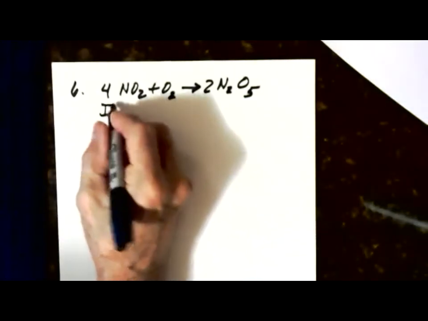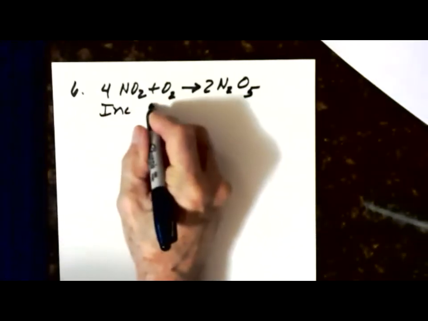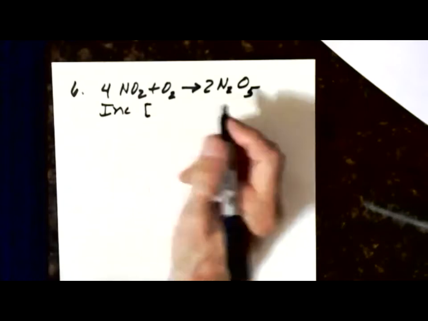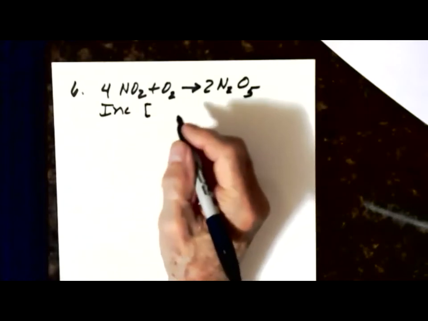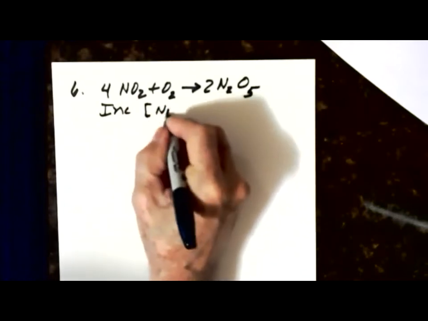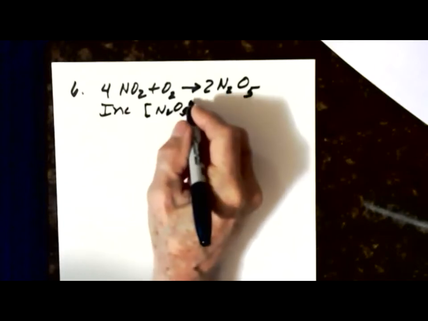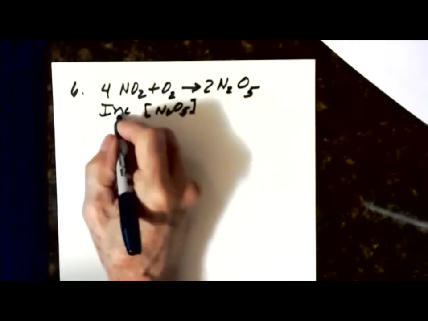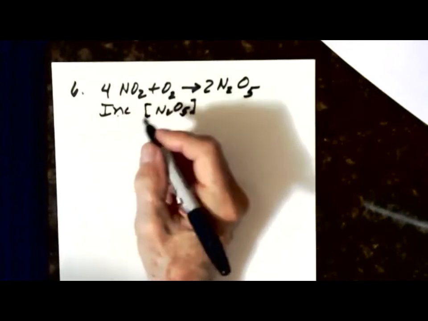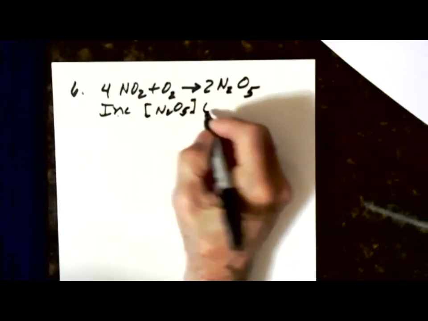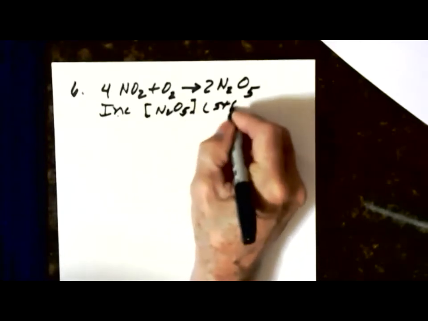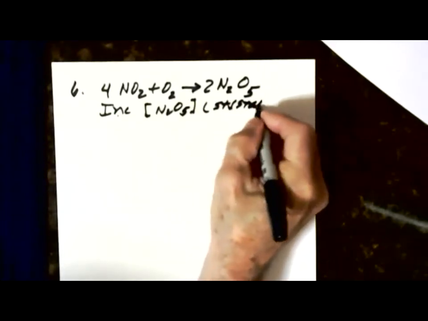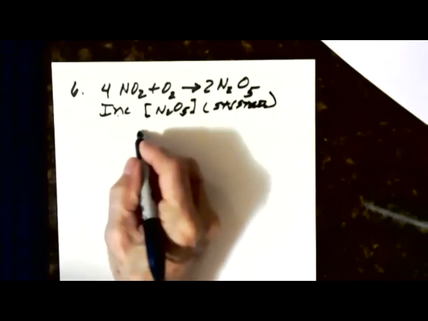And I want to increase the concentration or partial pressure of N2O5. If I want to increase that concentration from the standard state, then I want this reaction to shift to the right past the standard state.